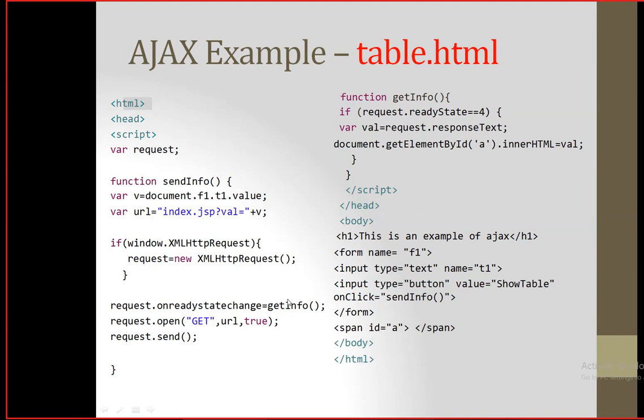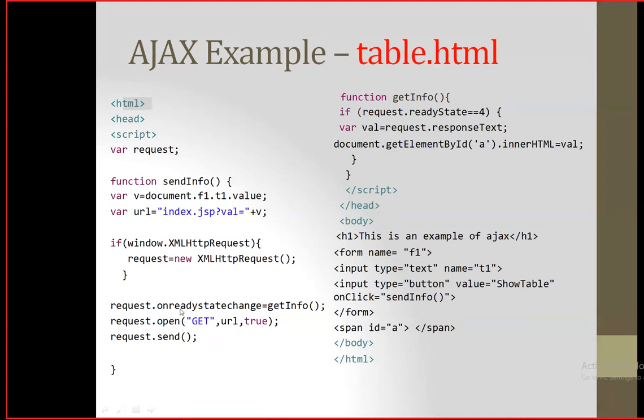Now, if the request state changes from the current one to something different, then this function is called. Currently the state has not changed.